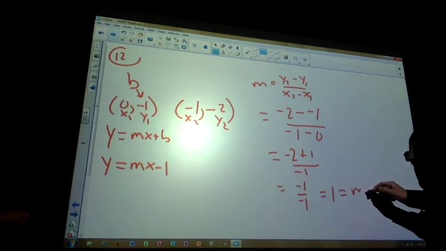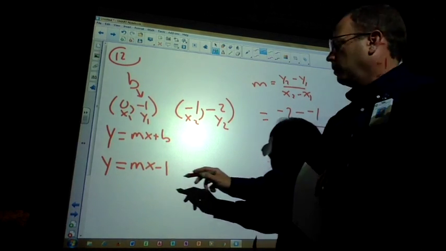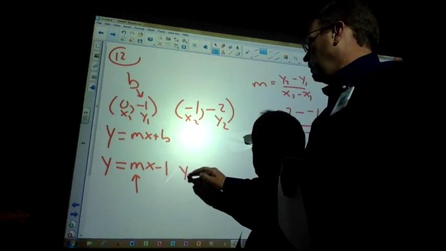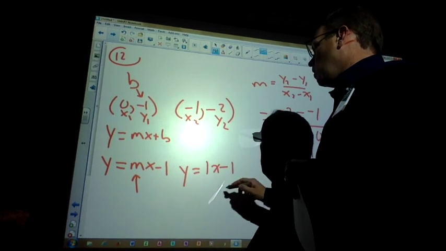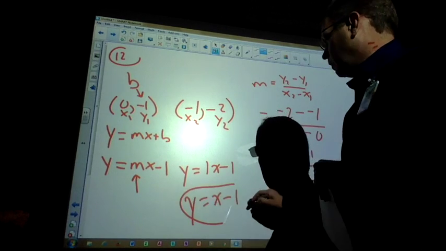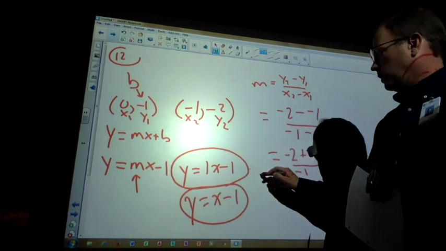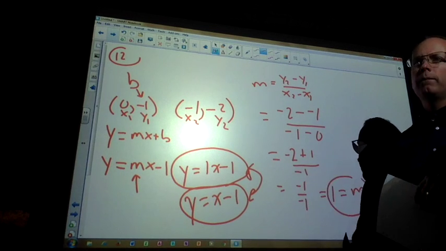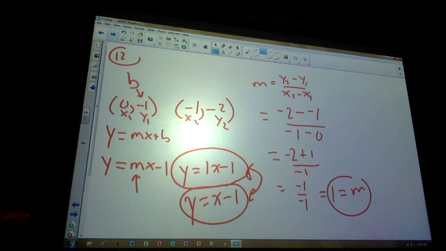So my slope's 1. So we'll plug that in right there. So y equals 1x minus 1, or you could write y equals x minus 1. Either answer is fine. You pick.